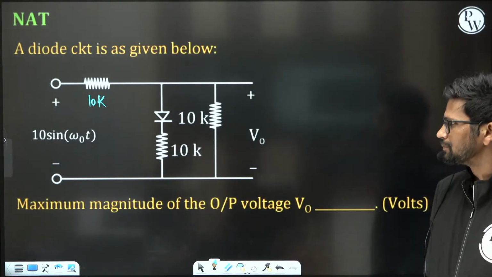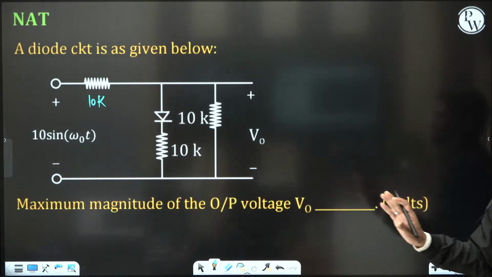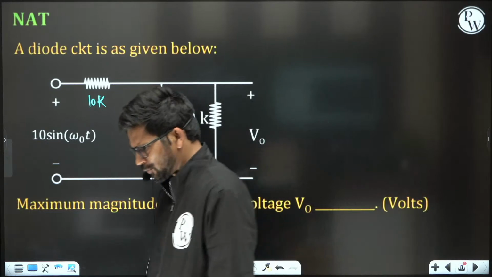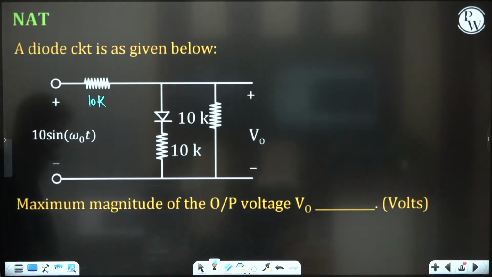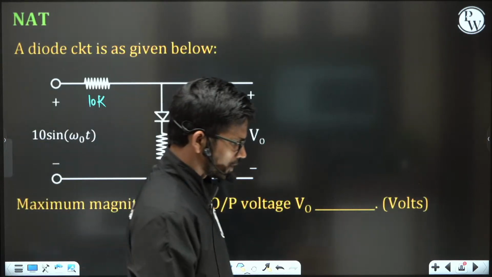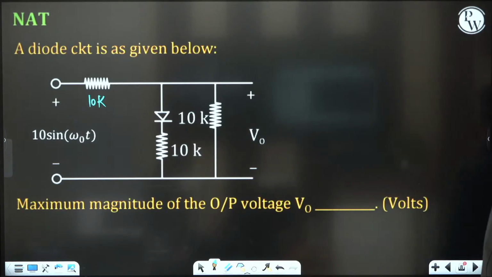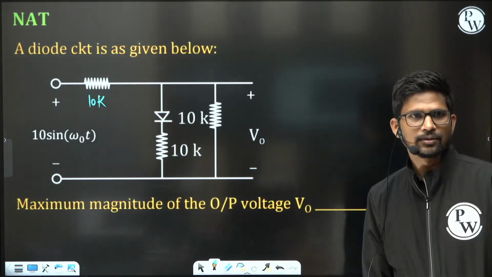A diode circuit is as given below. Anybody got the answer? Try to find out the answer quickly. I will learn something from all these questions, whether from op-amp, diode or BJT.